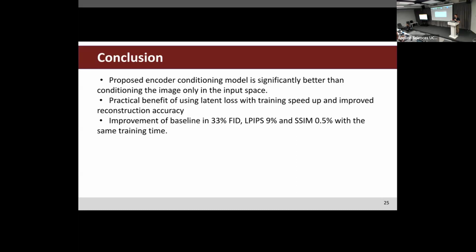Together with it, it shows much improvement in training time, which would help with better model selection, and in future work we would move adversarial and perceptual losses also into this latent space to show much better results. And finally, we use all these changes with the baseline model to show that within the same training time it gives better performance.